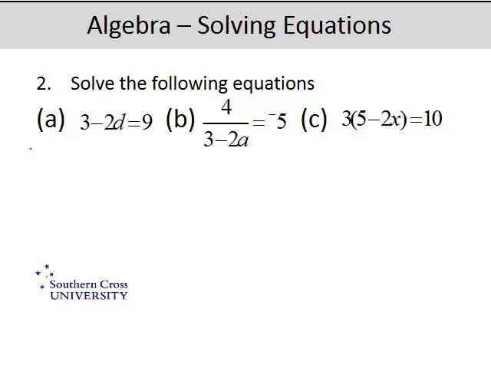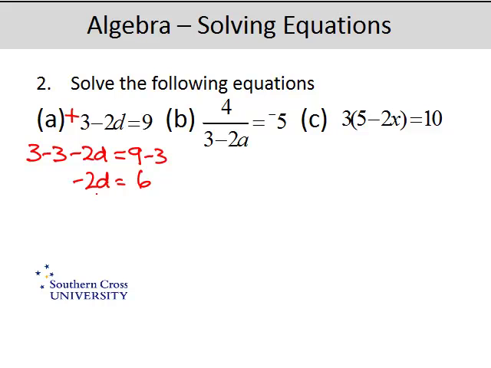So we need to actually subtract 3 from both sides. A lot of people find that difficult because it looks like 3 was subtracted, but no, the 2d was subtracted. The 3 was actually added. You can think of the sign in front of the 3 being like a plus. So that means that minus 2d is equal to 6.